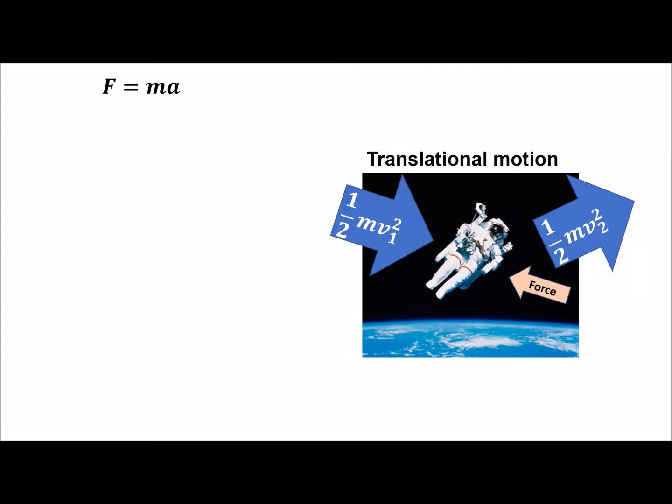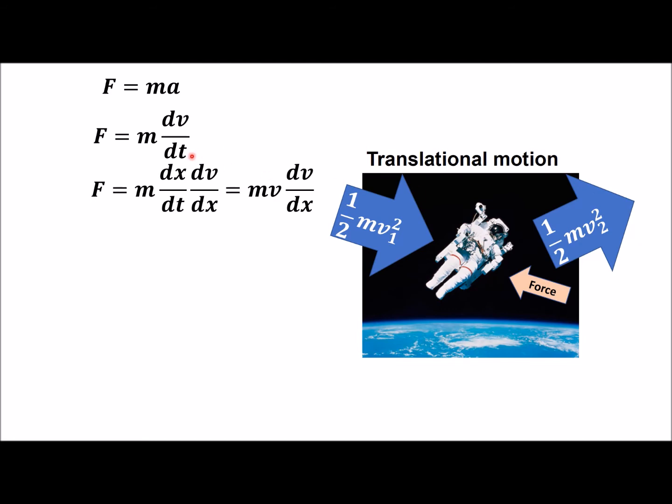For our energy balance, we're going to rearrange F equals ma a little bit differently. Acceleration is dv dt, but this time we're going to get rid of our time dependency by using this little chain rule. So we multiply it by dx over dx, we substitute dx over dt for velocity, and we just pull that dx over to one side: F dx equals mv dv.